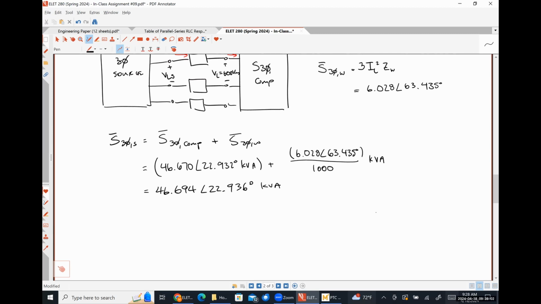Absolutely correct. So what Caleb has suggested is that the line voltage at the source is just going to be the apparent power supplied by the source divided by √3 IL. 100% correct.